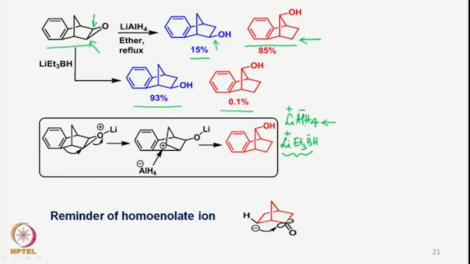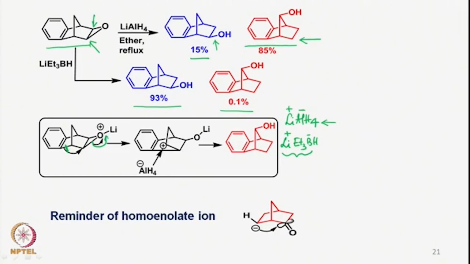Therefore, in the case of lithium aluminum hydride, the lithium plus very readily coordinates to the oxygen here, and this particular bond which is present here migrates and breaks the carbon oxygen bond here. This carbon oxygen bond is broken. Why does that happen?